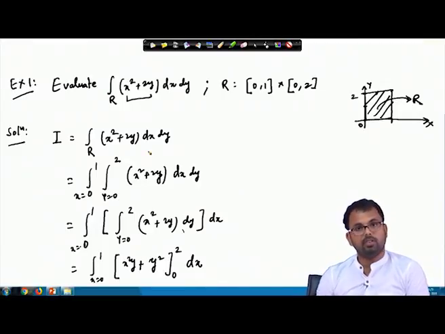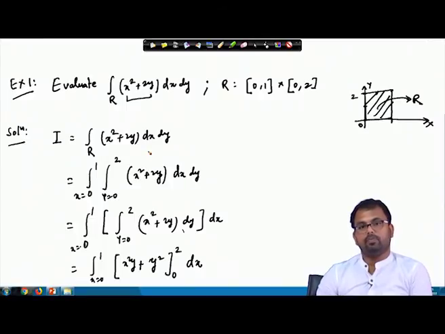So, the first criterion is it has to be bounded on that interval, and then we can at least talk about the double integral existing, and then afterwards it does not matter whether you integrate with respect to x first, treating y as constant, and then integrating with respect to y, or integrating with respect to y first, treating x as constant and then you integrate with respect to x at the end.